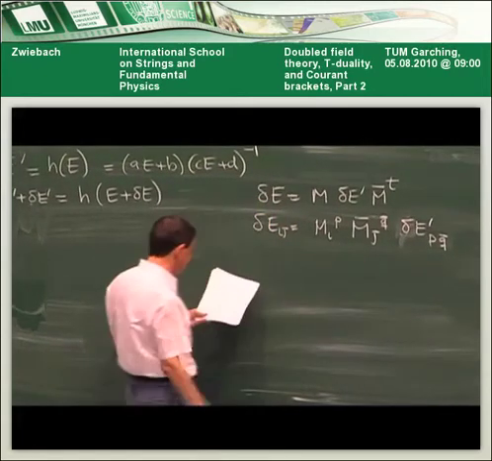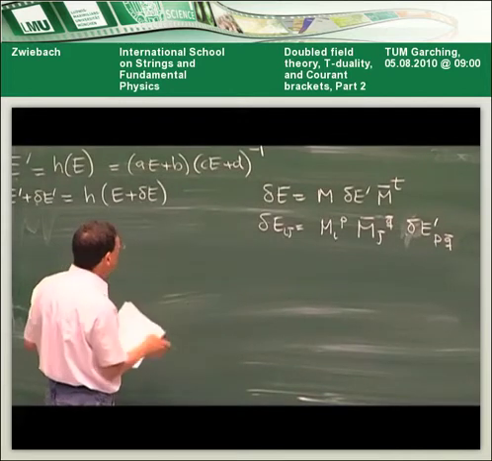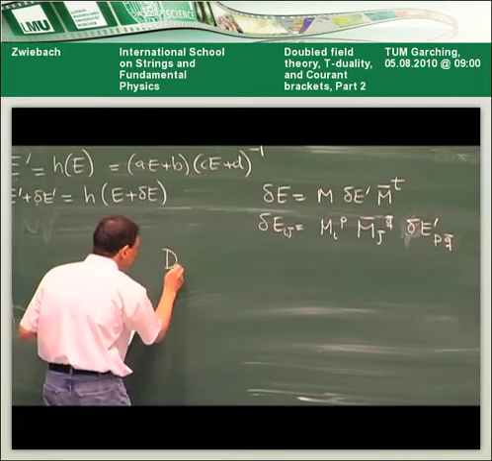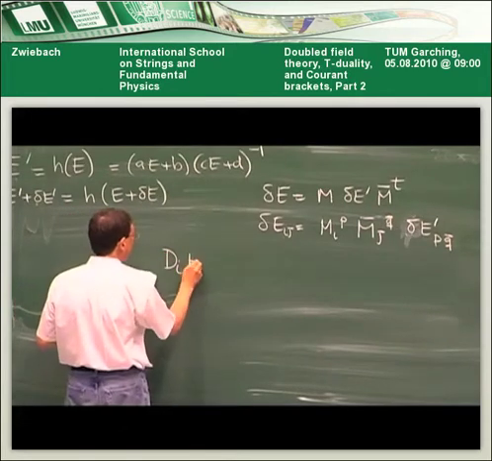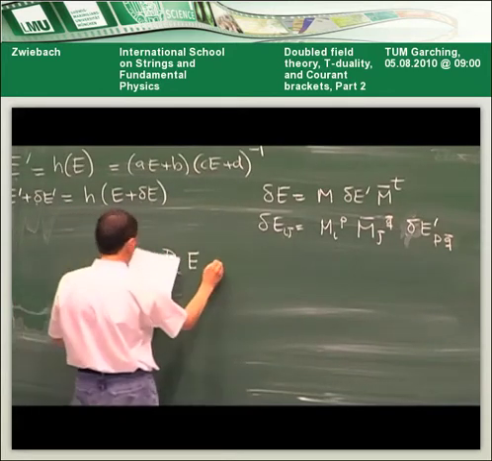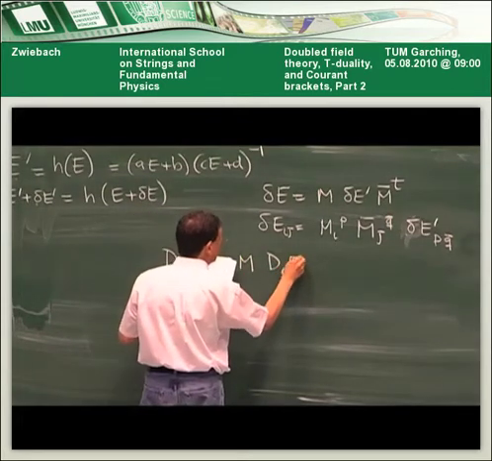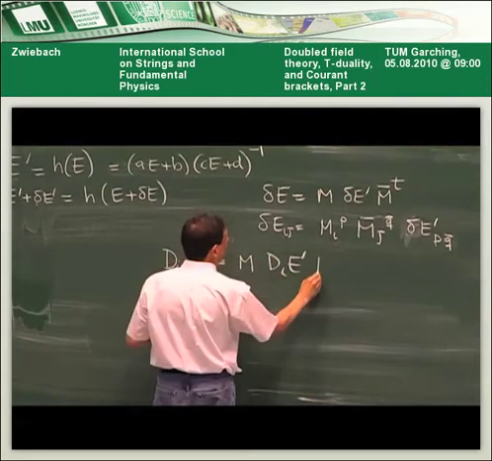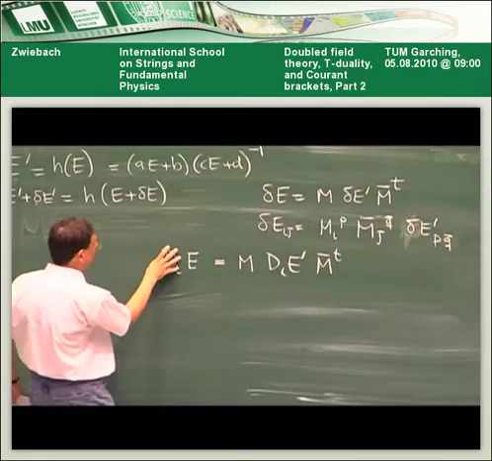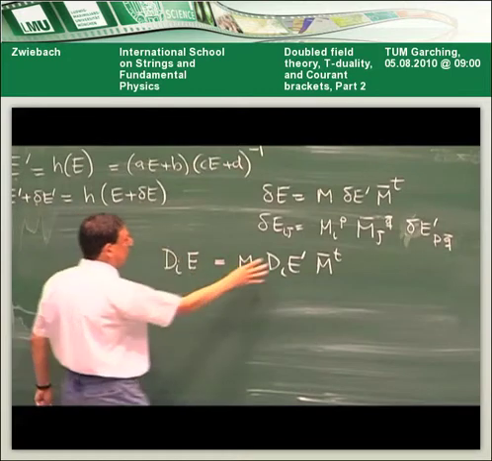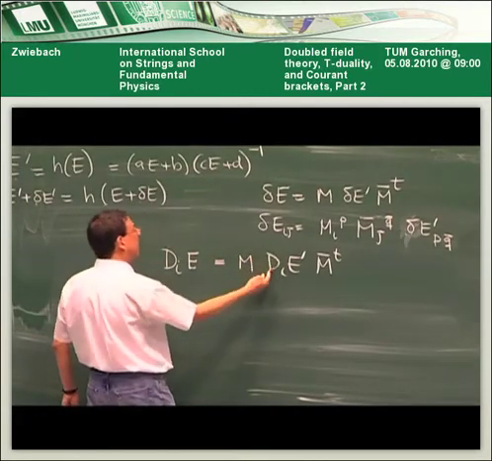It would be the same thing. And even with our funny derivatives, our capital derivatives, di of E transforms with m di of E prime m bar transpose. You see, I didn't transform the d. So that's why I have a d here. I could put a d prime here and get another m.